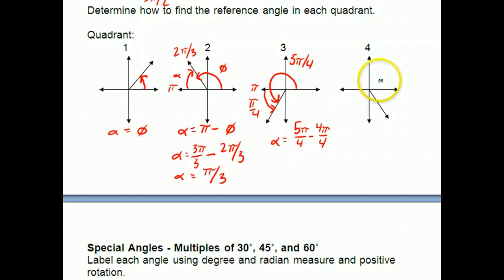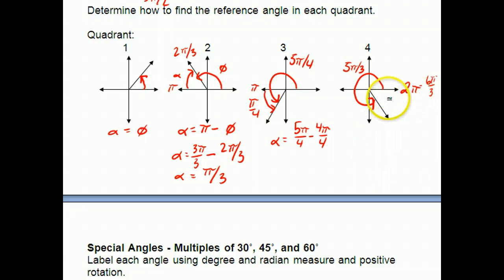And in the fourth quadrant, let's pick an angle, let's say 5 pi over 3. Okay, so I know this whole thing is 5 pi over 3, and I know that this on my x-axis here is 2 pi, which is the same as 6 pi over 3.